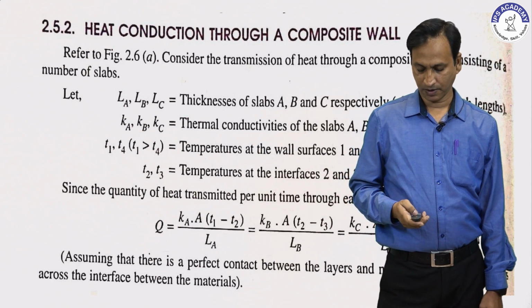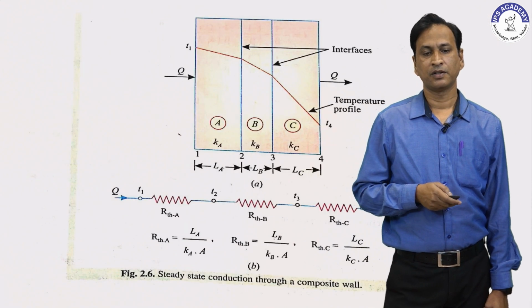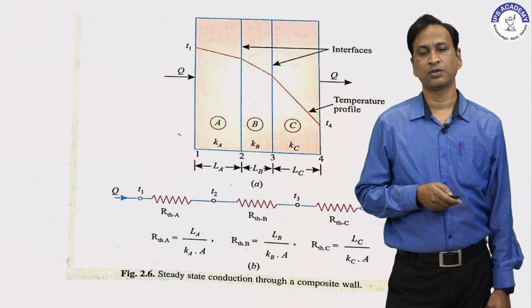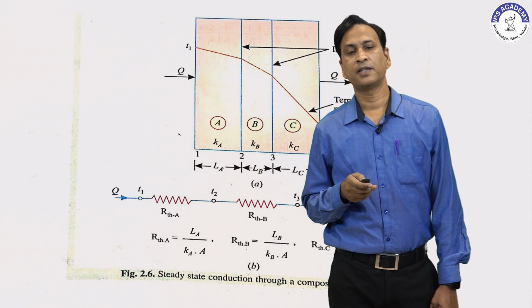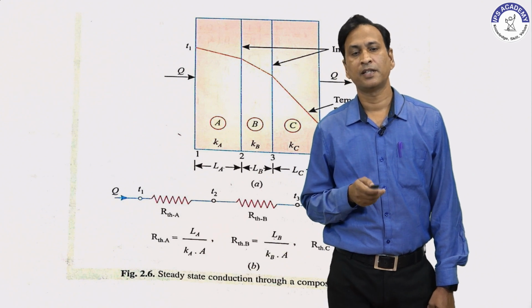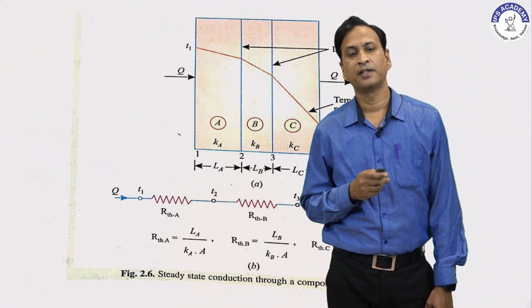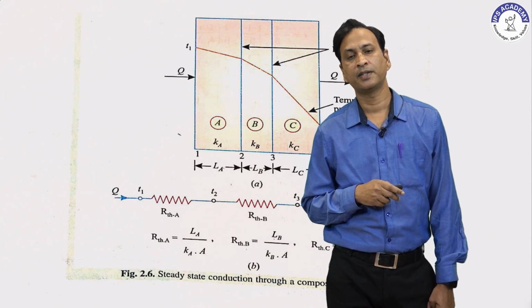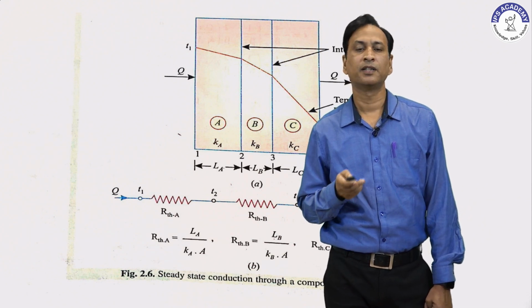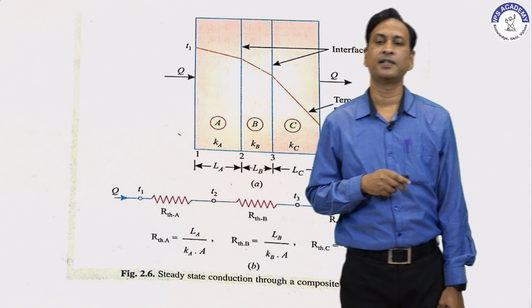Here is figure 2.6, steady state conduction through a composite wall. The three composite wall slabs are A, B and C. Slab A has thermal conductivity Ka, slab B has thermal conductivity Kb, and slab C has thermal conductivity Kc. The lengths are LA, LB and LC.